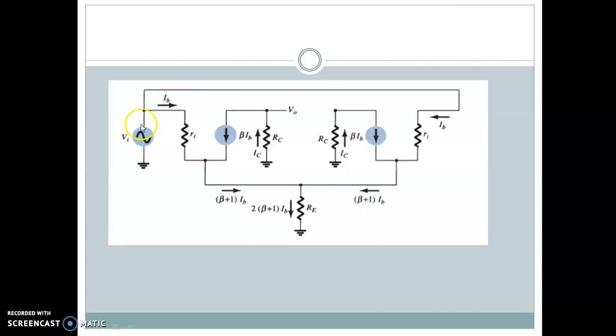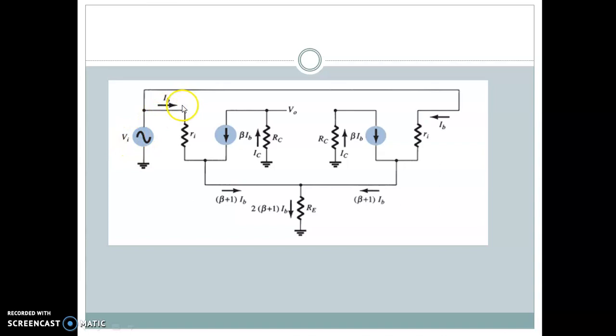Next I have replaced the transistor with its small signal model, that is R pi and beta IB. At the emitter resistance you can find it is twice the current that flows. If we want to find the input impedance, it is VI by IB.